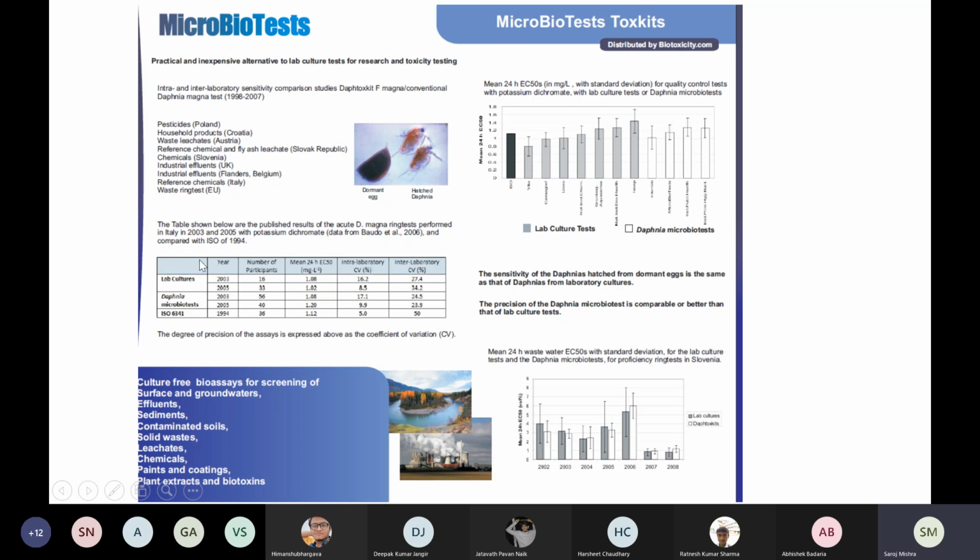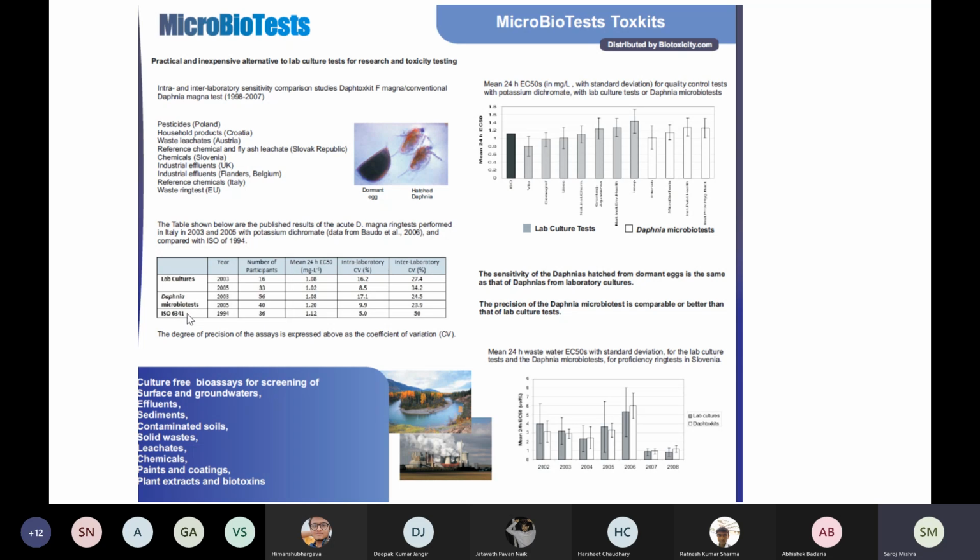Okay, I want you to look at this particular table where the standard lab cultures were taken. So the older methods were taken in this study. Then the new microbiome test, which uses Daphnia, was taken in the years 2003 and 5, and then ISO, which are the international standard tests.